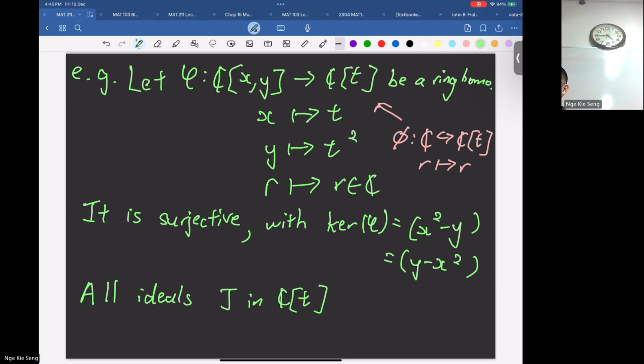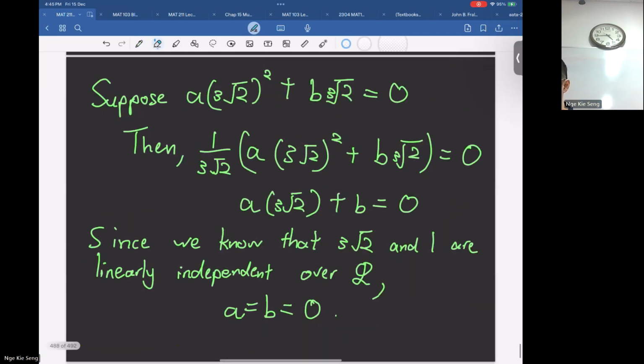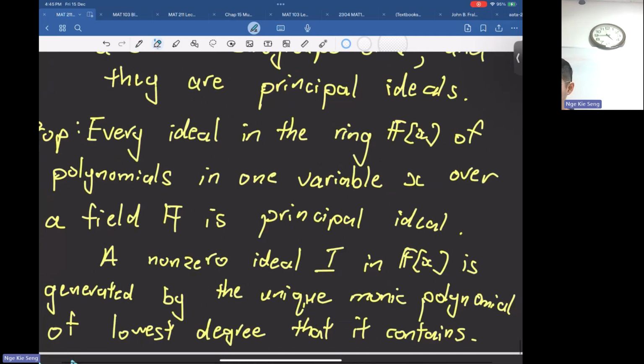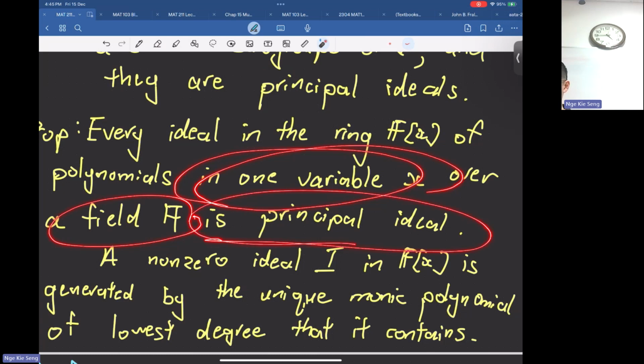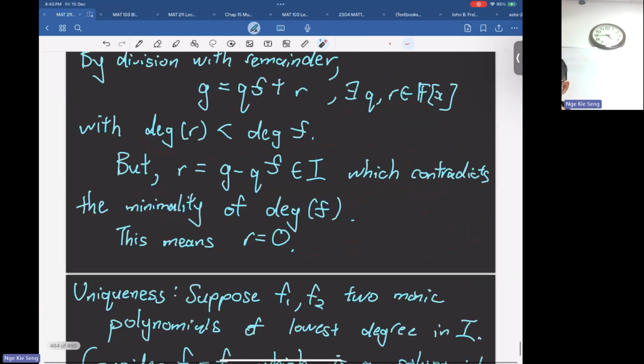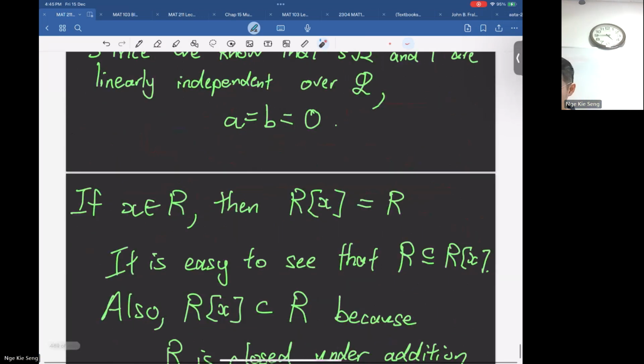C is a field, but C[t] is not a field, right? t is not invertible. It is a polynomial ring over a field. So meaning it is a PID, right? Every ideal, just now what did we conclude? Every ideal in the polynomial ring in one variable X over a field is a principal ideal. Okay, every ideal inside such a polynomial ring is a principal ideal. Okay, so all the ideals in C[t] must be principal.